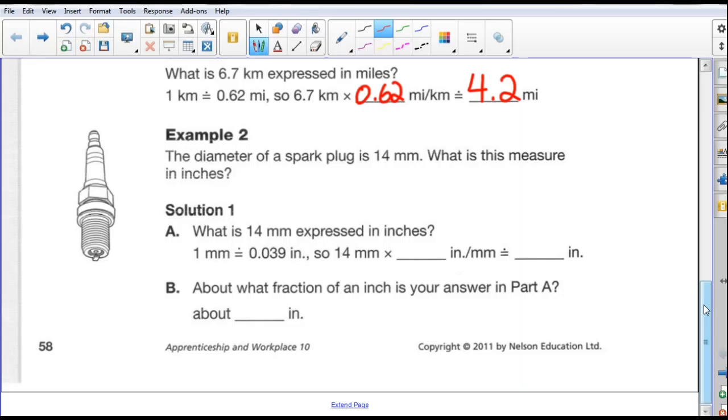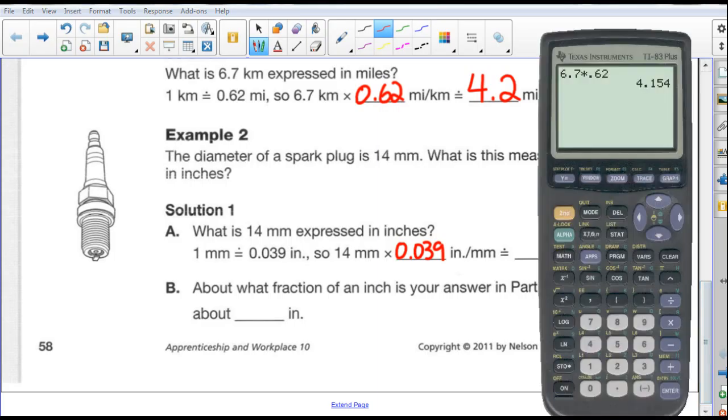Okay. Example number 2. The diameter of a spark plug is 14 millimeters. What is this measure in inches? Well, solution A, what is 14 millimeters expressed in inches? Well, 1 millimeter is the same as 0.039 inches, so we take 14 millimeters, multiply that by 0.039 inches per millimeter, and we get 14 times 0.039.